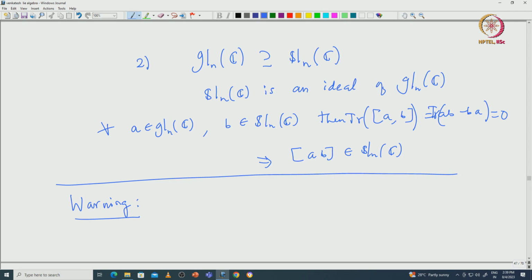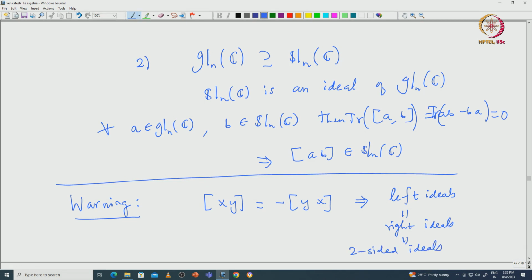Even though we do not have commutativity in the Lie product, we do not care about left and right ideals, because left ideals become right ideals and two sided ideals using skew symmetry. Since bracket [x,y] is the same as minus bracket [y,x], left ideals are the same as right ideals and the same as two sided ideals. So we do not distinguish between them. We will only talk about ideals in Lie theory.